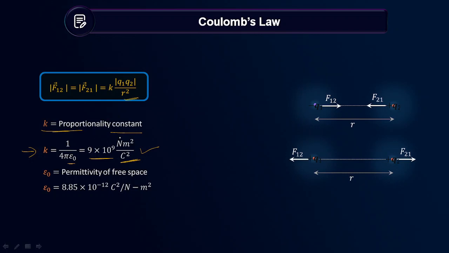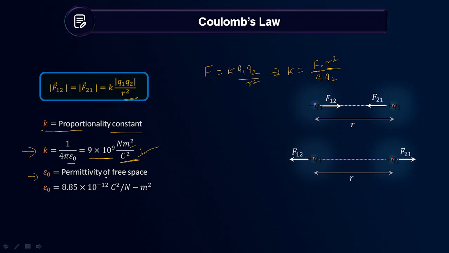No need to mug up the units or dimensions, though they may ask. From F equals k q1 q2 by r square, k equals F into r square divided by q1 q2, so the unit is Newton meter square per Coulomb square. Simple.